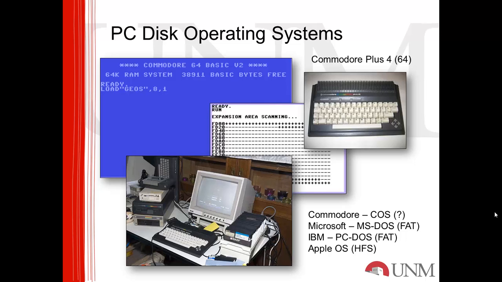And quite separately from Microsoft and IBM, Apple developed its own operating system, and its early disk management system was called HFS, still a technology used today. And in fact, it's quite closely related to the original UNIX disk management system. And part of the original HFS disk management system is still in use today in the Mac OS, even up to OS 10.